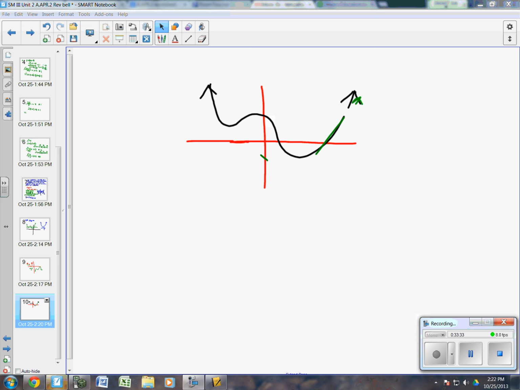Okay, any other ideas? Okay, Jaleesa, go ahead. Okay, so you're saying it touches right there? Yeah, that's only one root. We want two roots. It could be, but it's still one root. It's just multiplicity 2.